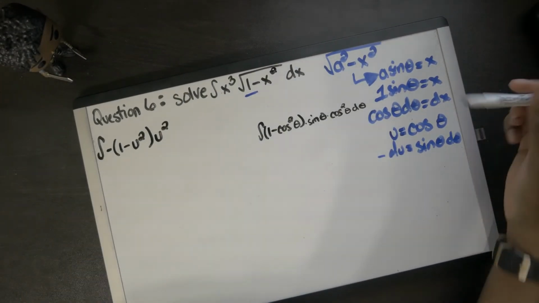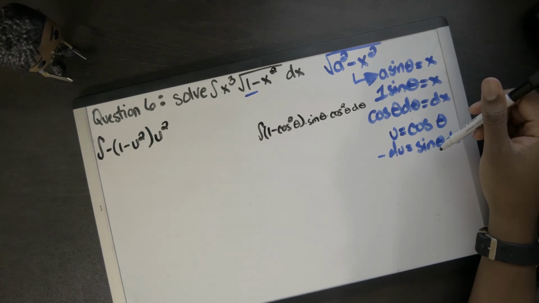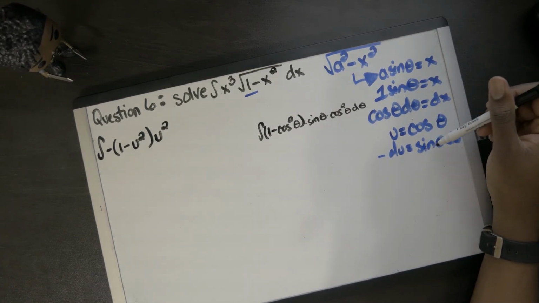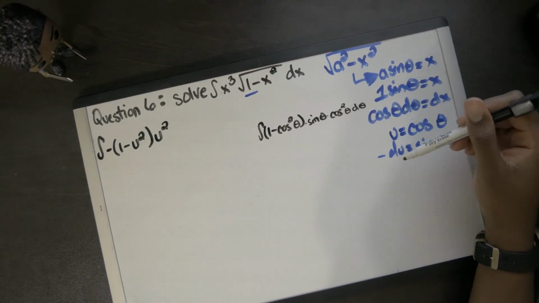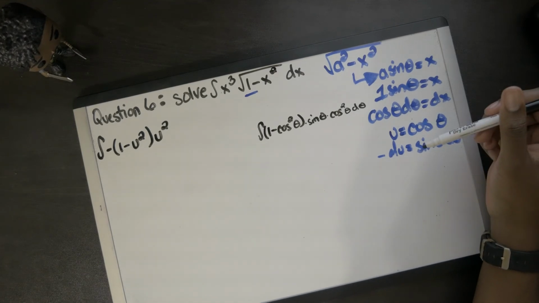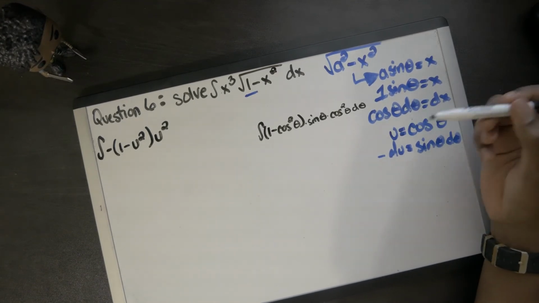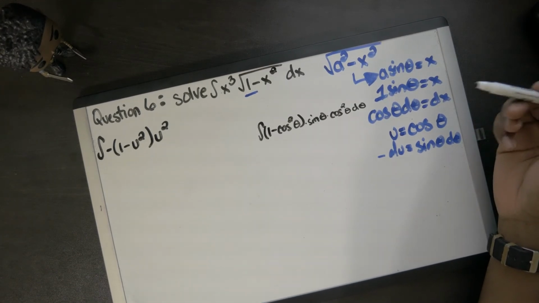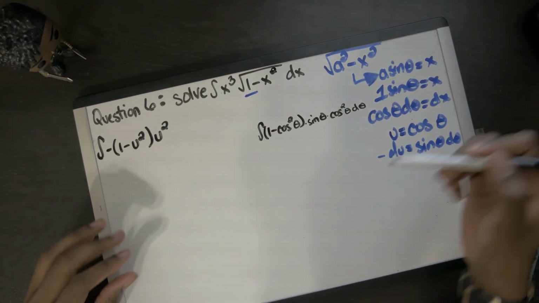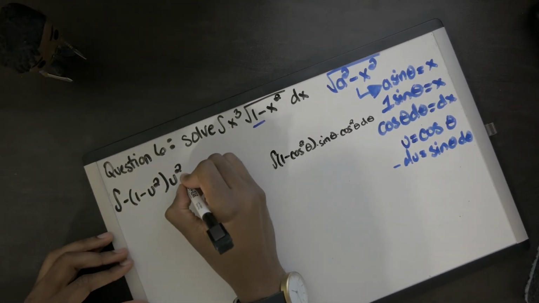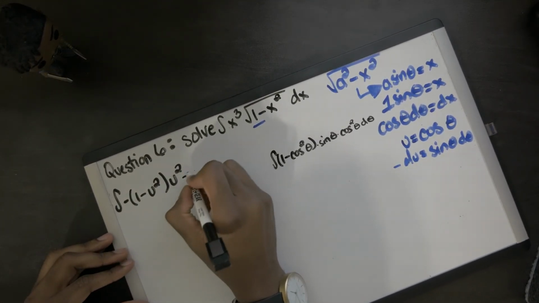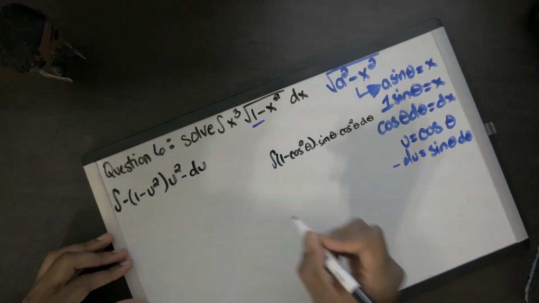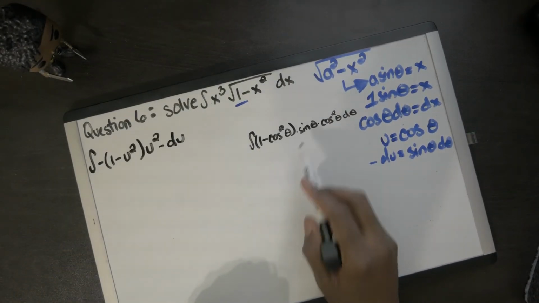And then think about what we had before. We also had sine theta d theta equals negative du. So technically, we would be bringing out another negative into this problem, if I'm correct. So let me put a negative du. And that's going to solve our issue with the sign that we had out there.